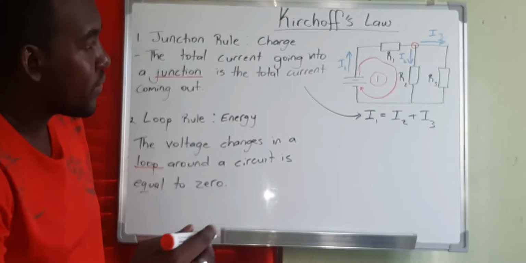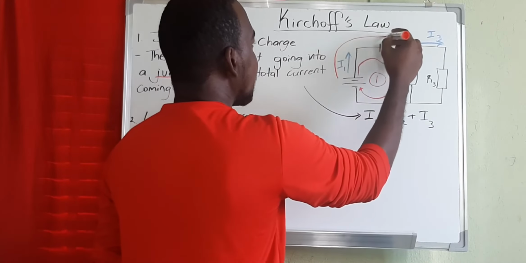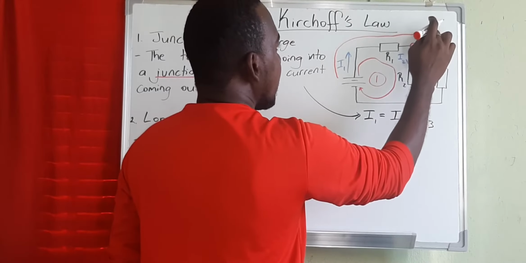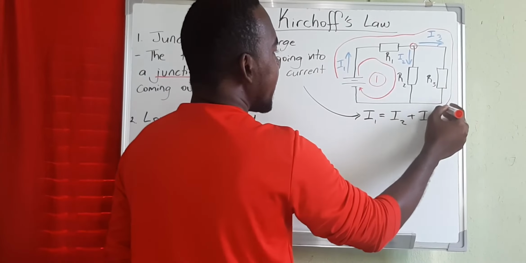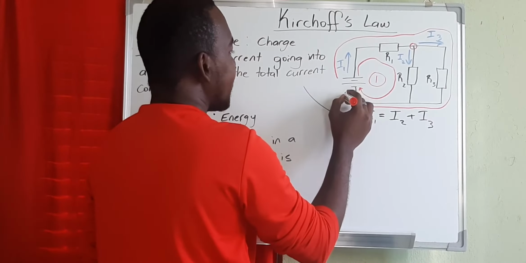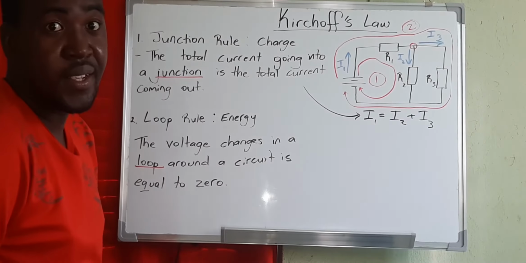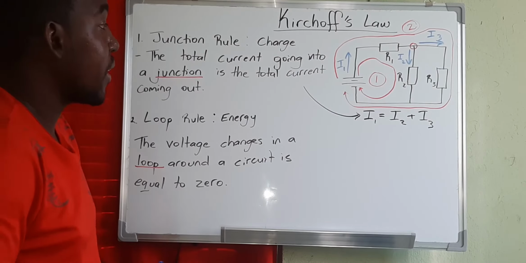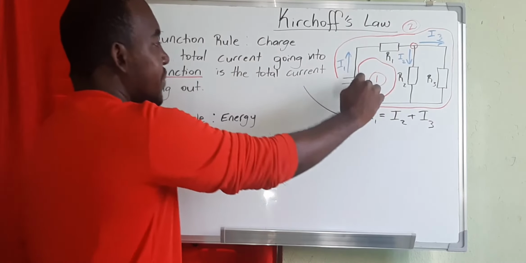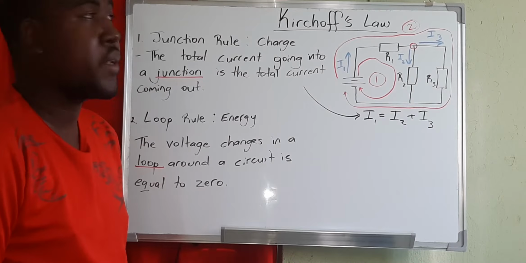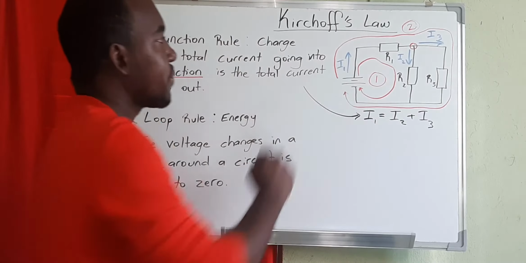We also have another loop, which goes from the battery through R1, through R3, and then back to the battery. That's loop 2. So we see that the loops are just the pathway of current from one side of the battery meeting back at the other side of the battery. So we have one loop here and an external loop there.